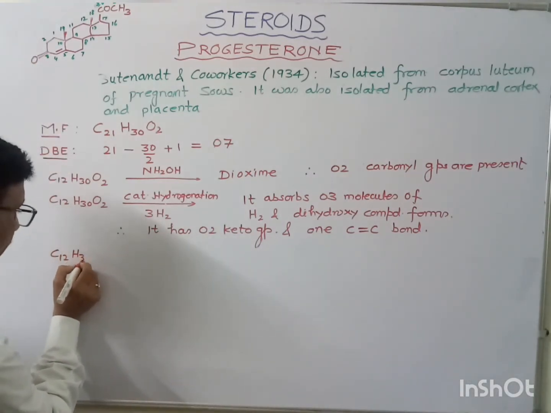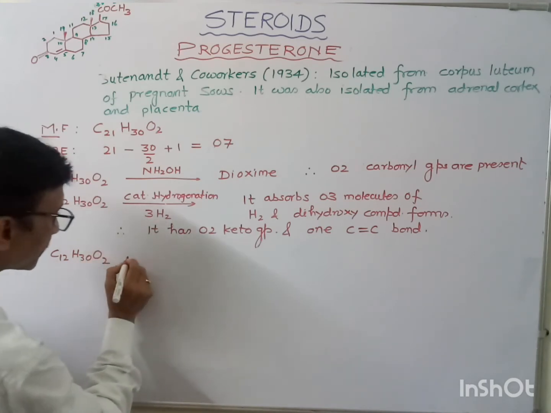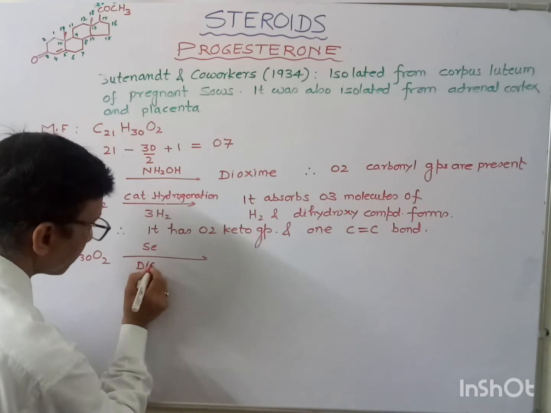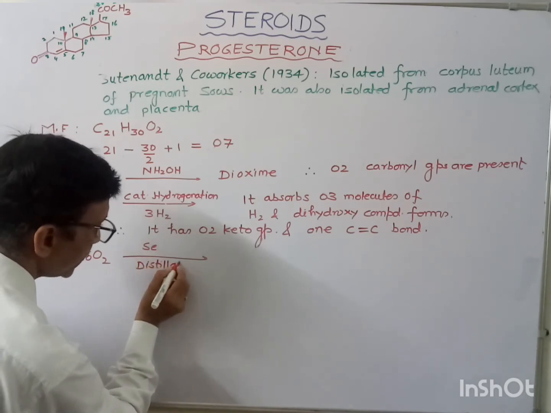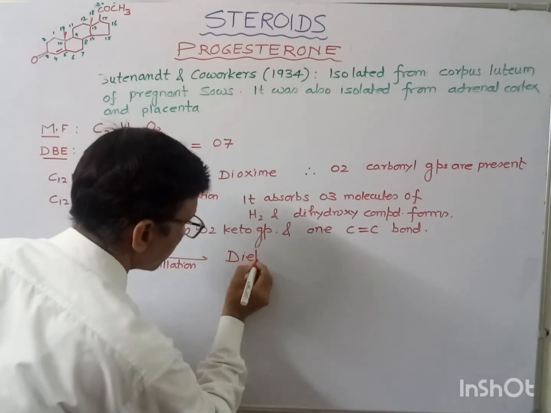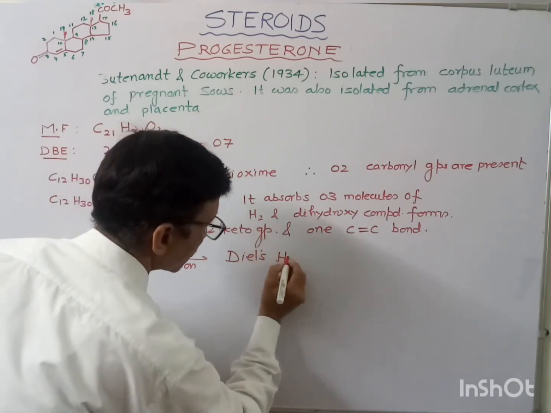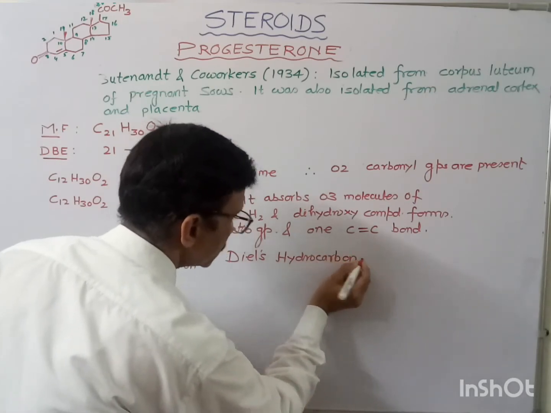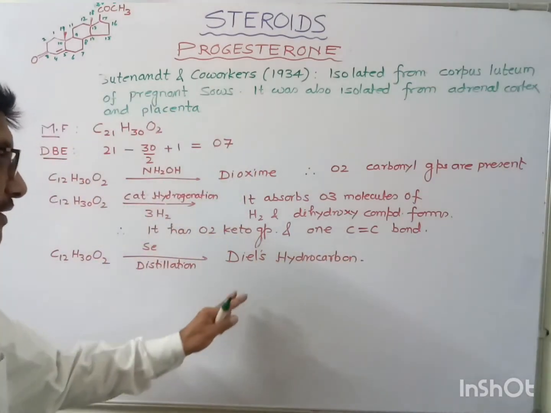Now, if progesterone is treated with selenium, that is selenium distillation, it gives Diels hydrocarbon. So what does the formation of this Diels hydrocarbon indicate?